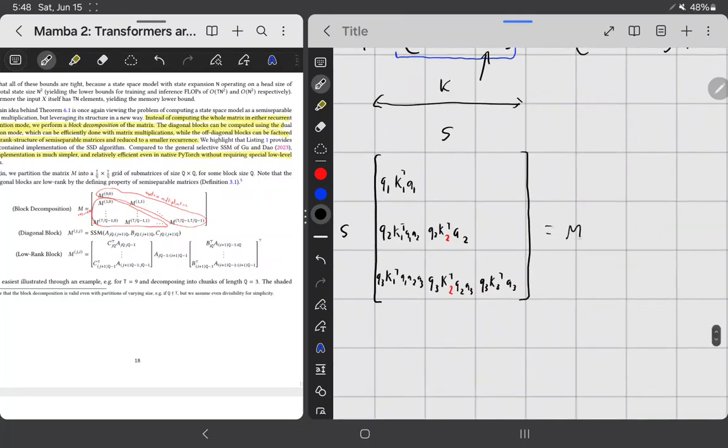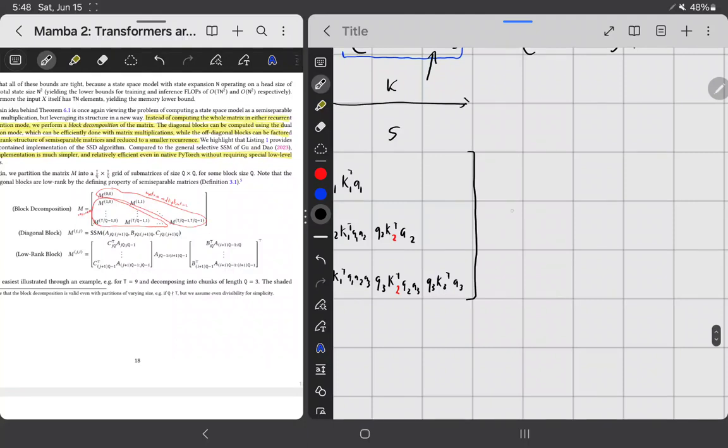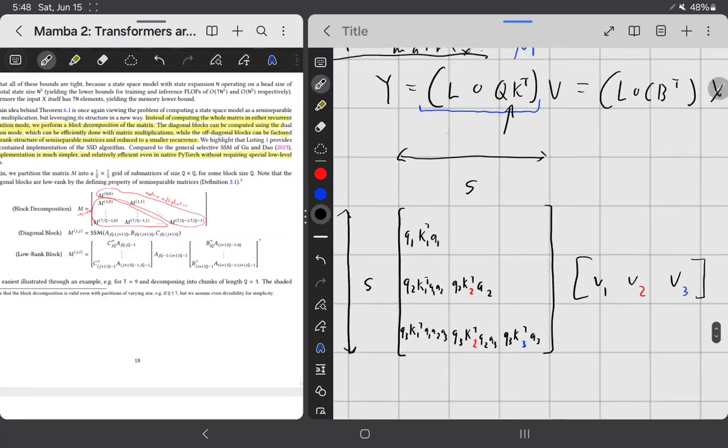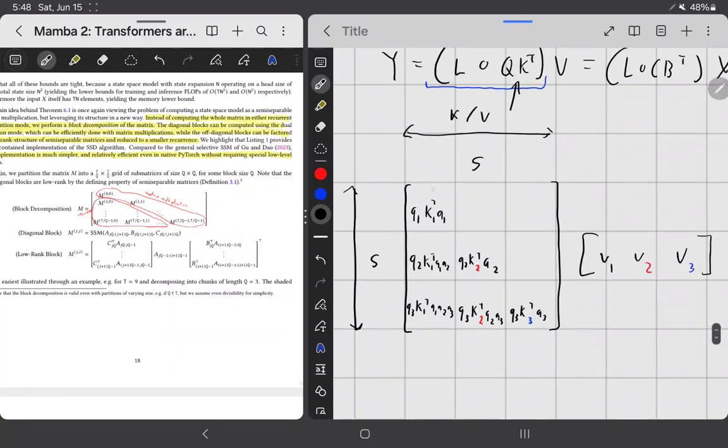But yeah, this is M, which you would multiply with V1, V2, and V3. And the reason I write the subscripts in different colors here is because the values correspond to the keys. So this isn't just keys changing along this dimension, but the values are also changing along this dimension.